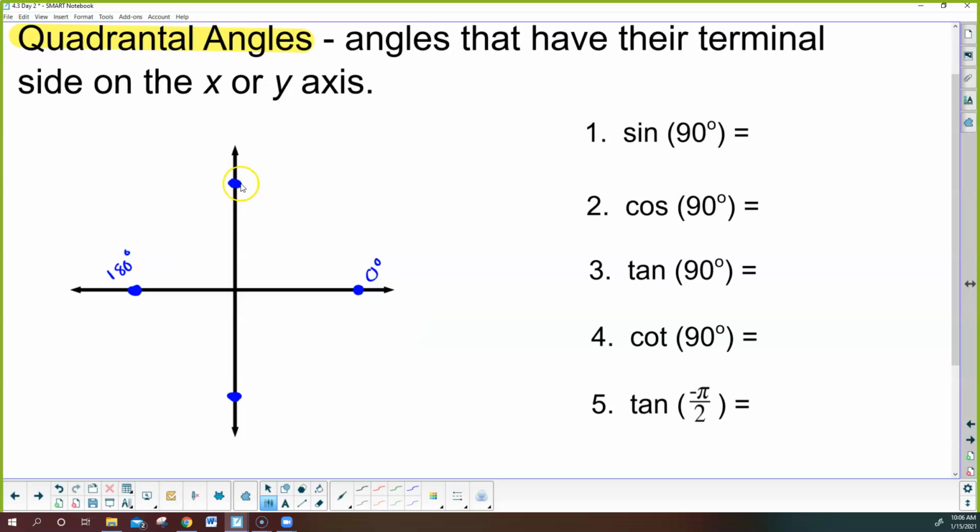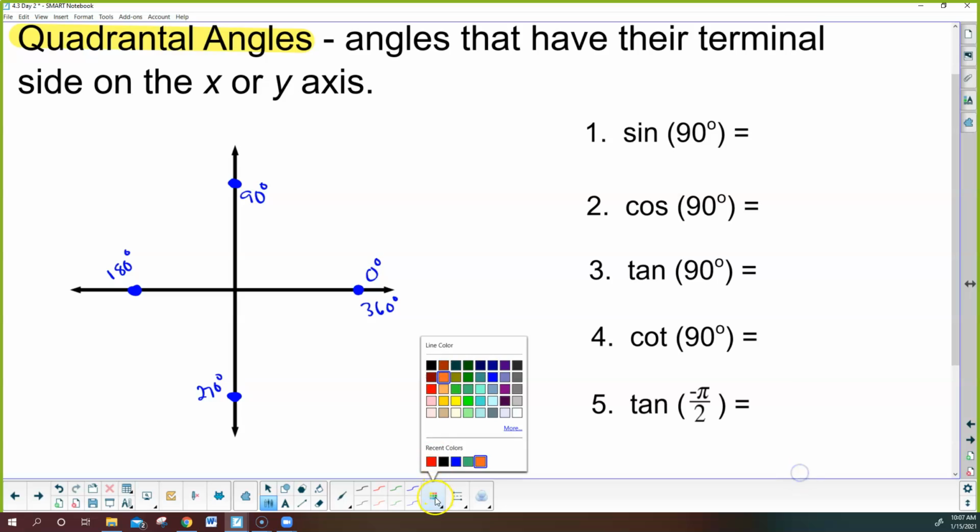Half of 180 was 90. So every quarter turn was 90 degrees, which made this 270 degrees. And if I come back, we could also call this 360. So those are the 4 quadrantal angles, if you count 360 and 0 as different, but they're not, they're coterminal.